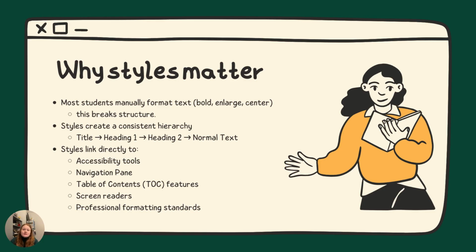Styles will also connect to things like accessibility tools. So, accessibility readers, all these different things that we have, the different technology can actually read headings. And so it'll know, okay, this is a marker, this is an important opening to something. And then if it goes into normal text, it knows, okay, this is the body of the paper.